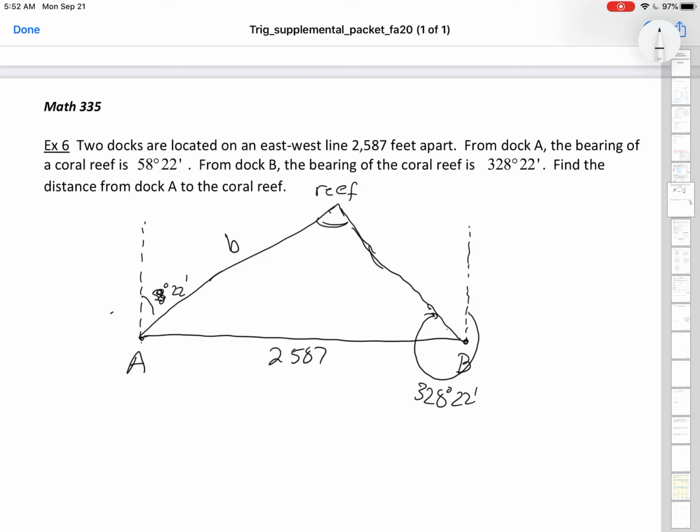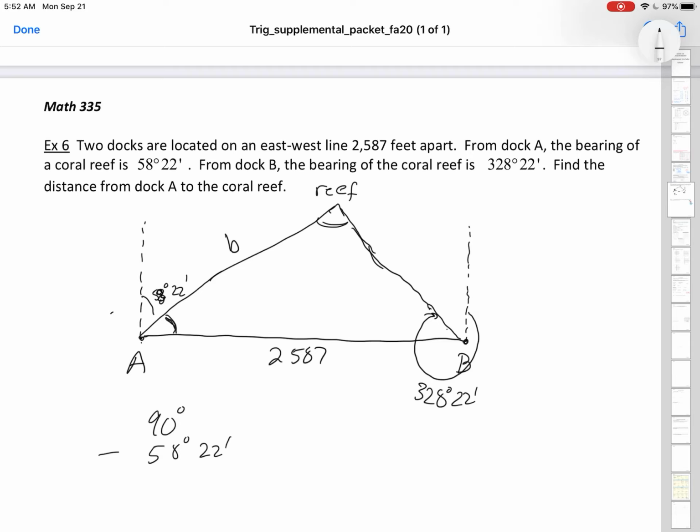We have a 90-degree angle, and we need to take off the 58 degrees 22 minutes in order to find this angle A right here.